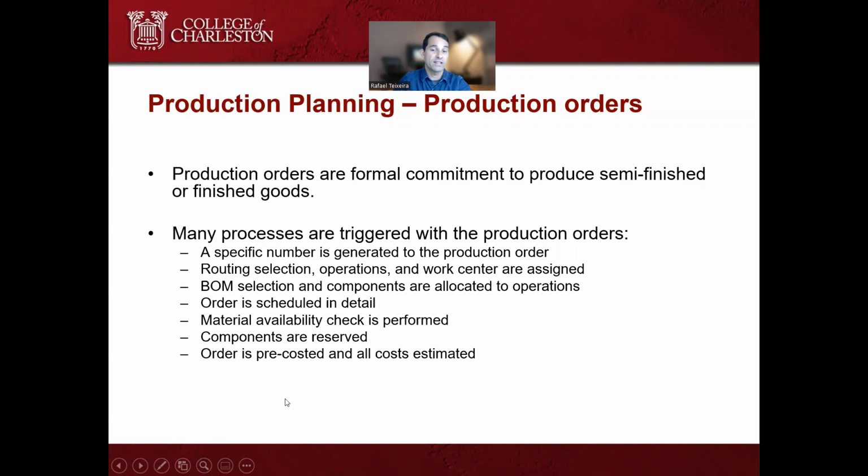The order's pre-cost and all costs are estimated. At the same time, we have information about how many people are working, how much we're paying these people, how much we paid for the raw material, how long it's going to take, everything. So accounting can account for this cost to help determine the final cost for production and help determine the profit.